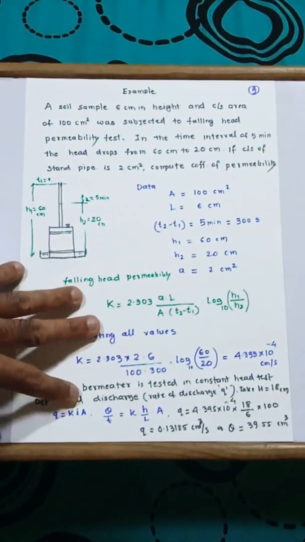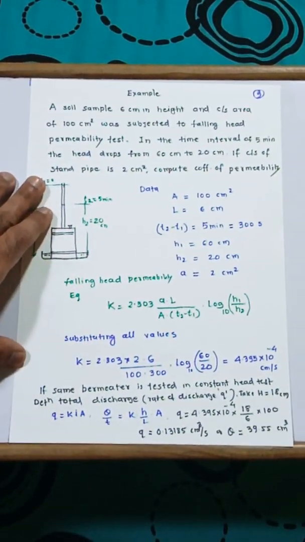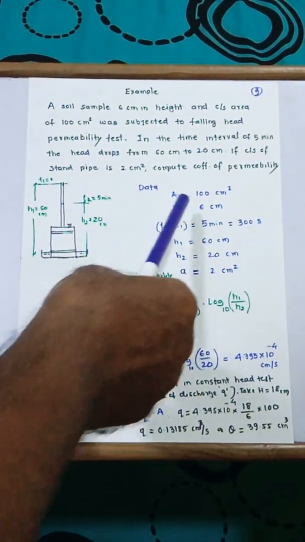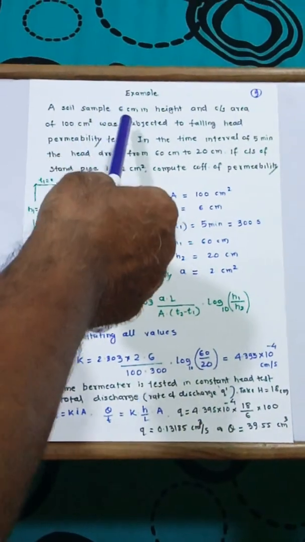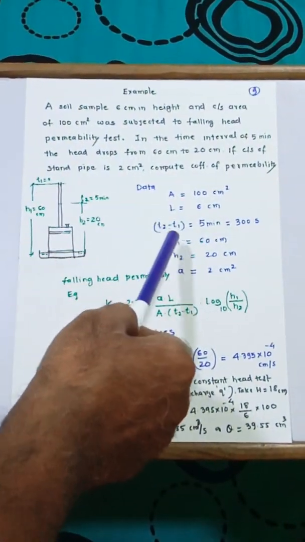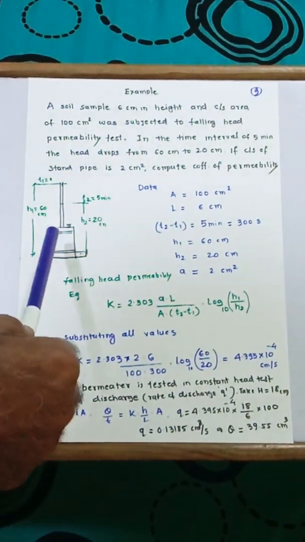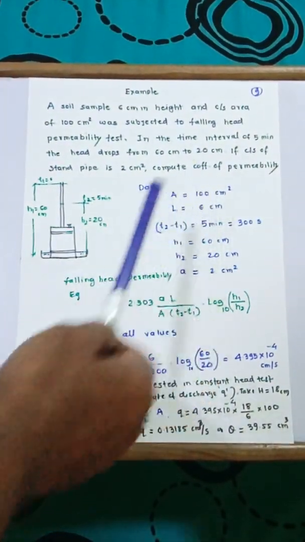So here we try to solve one simple example. In this example, the details of the sample are given. The area of sample is 100 centimeter square, and the length of sample is 6 centimeter.